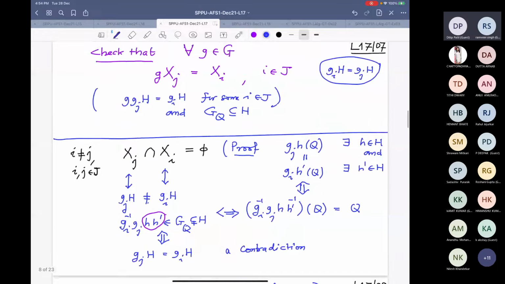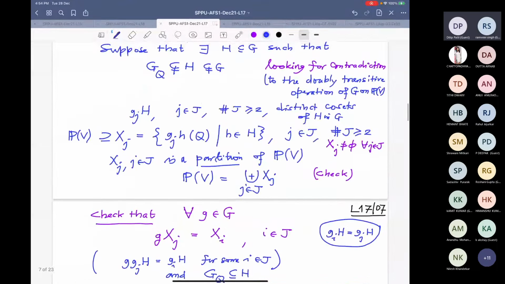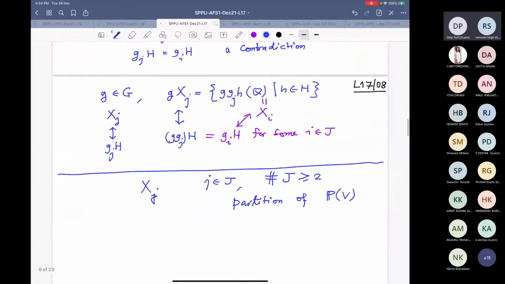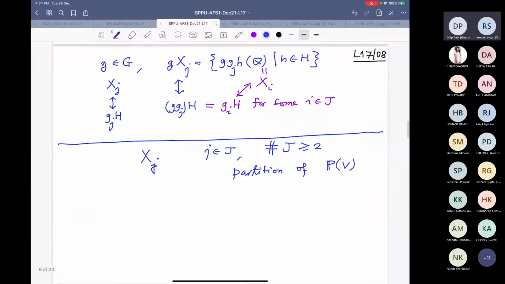We are looking for a contradiction, no? That is what I said, check that we are getting a contradiction to double transitivity. Now, see PV, this group G, which is the union of these cosets gjH, is also a disjoint union. This group operates on PV doubly transitively. That we know beforehand.